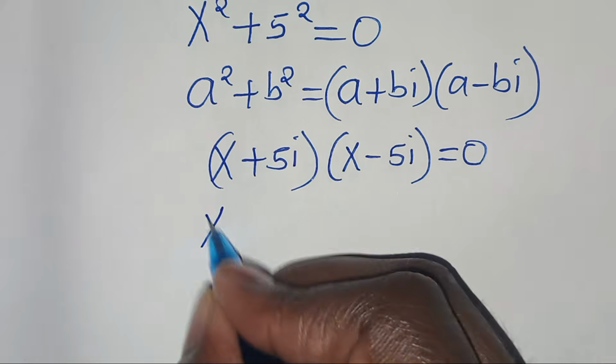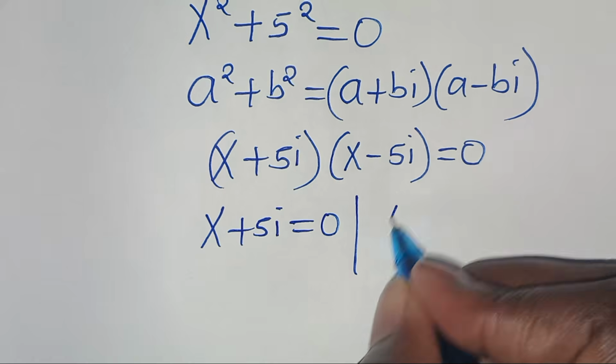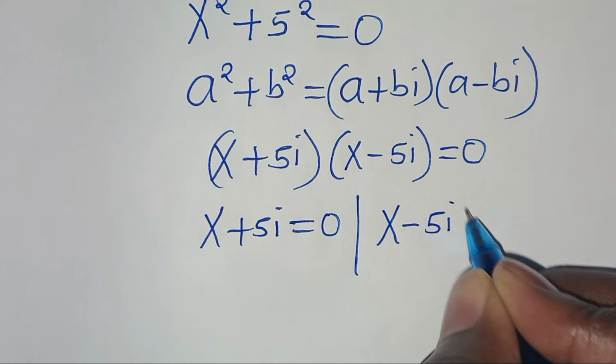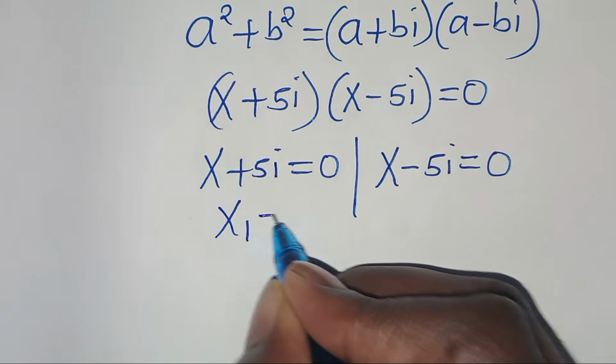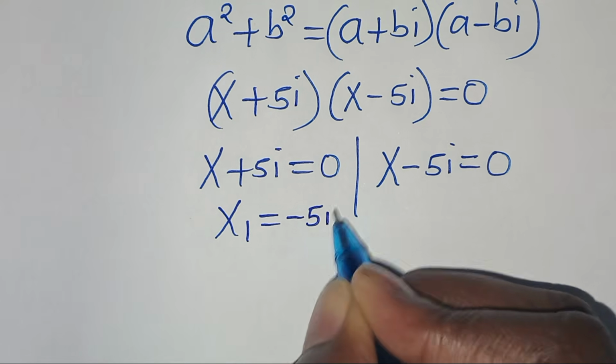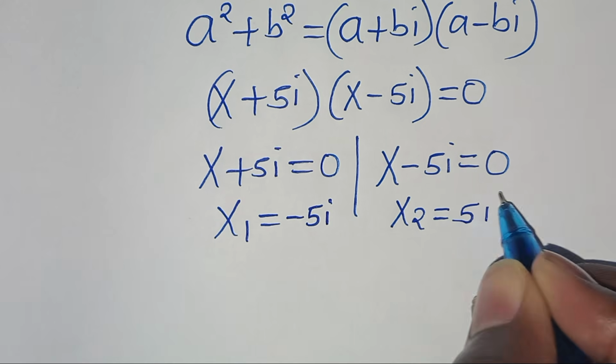So we have x plus 5i equal to 0, then x minus 5i equal to 0. So x1 is equal to negative 5i, and x2 is equal to 5i.